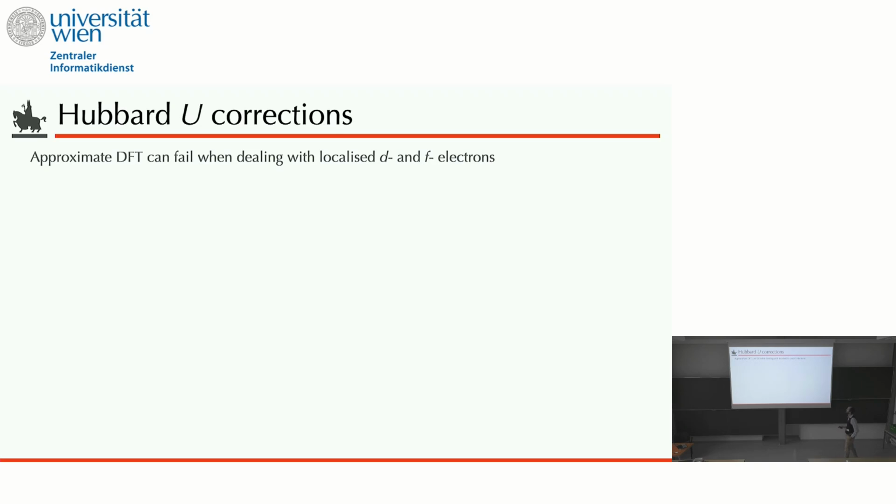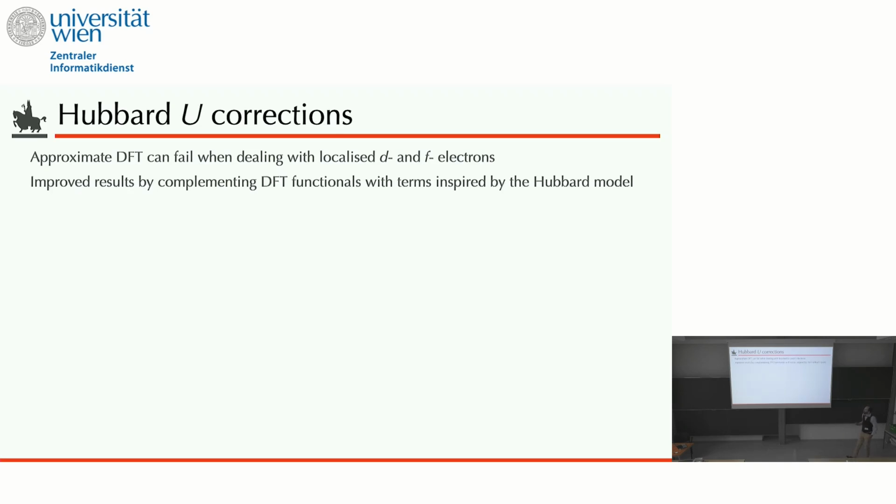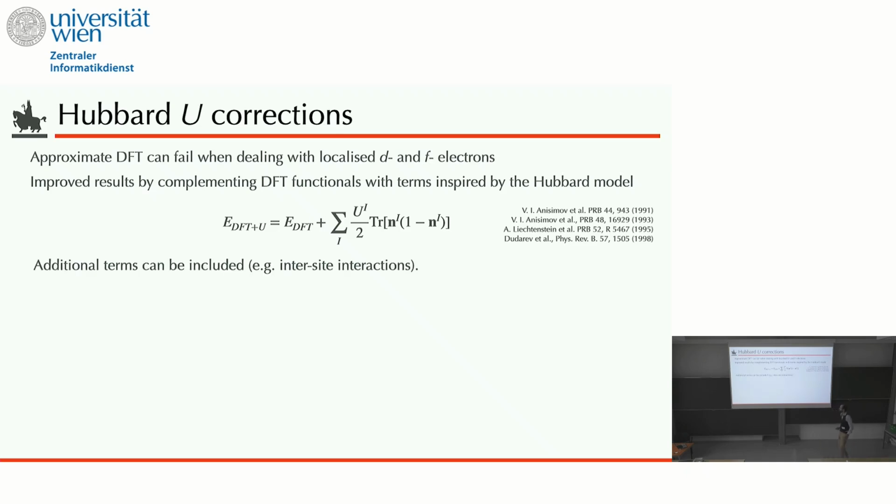So we need something more for localized d and f electrons, and improved results at a fairly small computational cost can be obtained by complementing DFT with terms inspired from the Hubbard model, giving rise to what is called DFT plus U calculations, and potentially one can even think of including additional terms like intersite instead of just on-site.